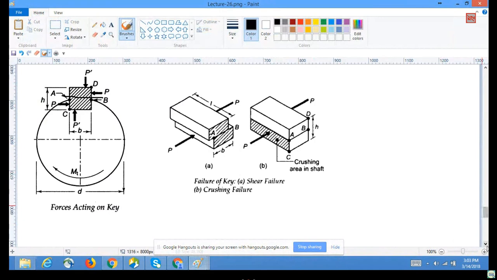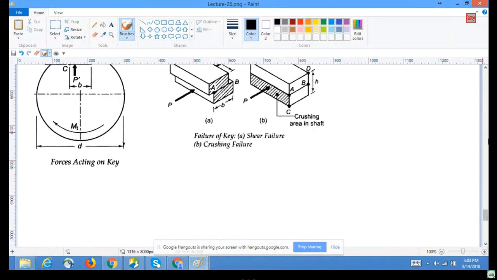The first one: our force P is given as 2 times MT divided by d, because P into d by 2 gives you MT, since P is acting tangentially to the shaft.